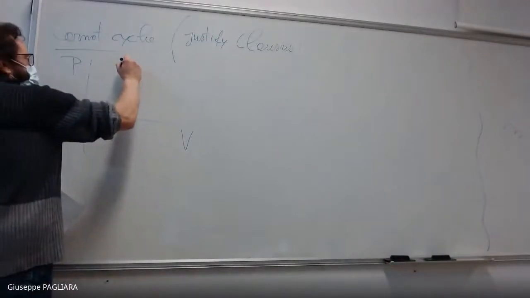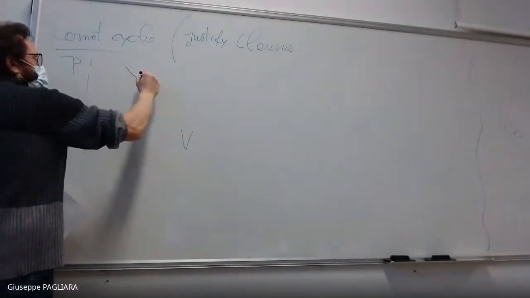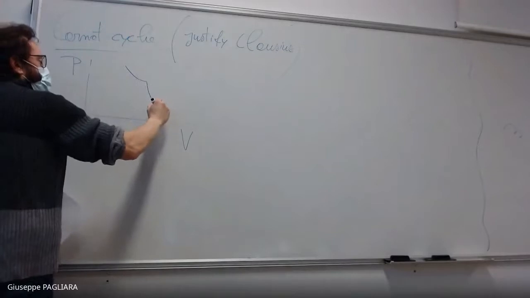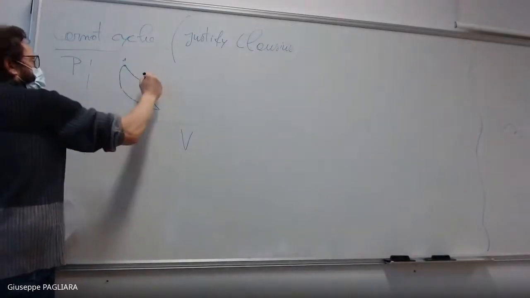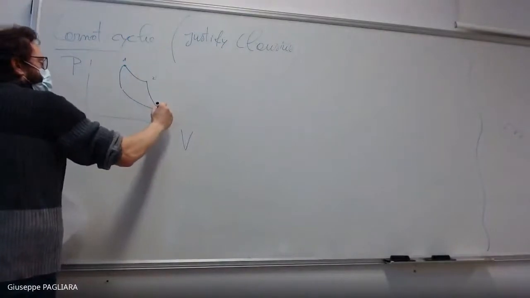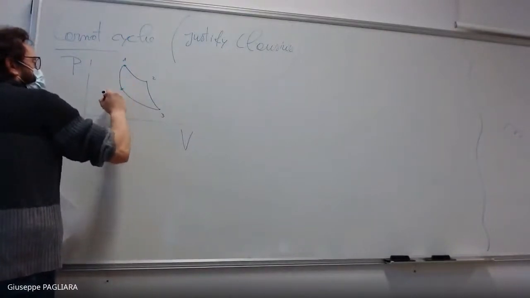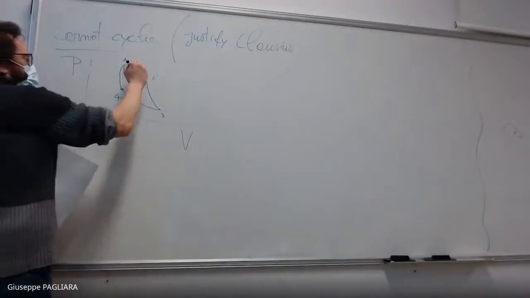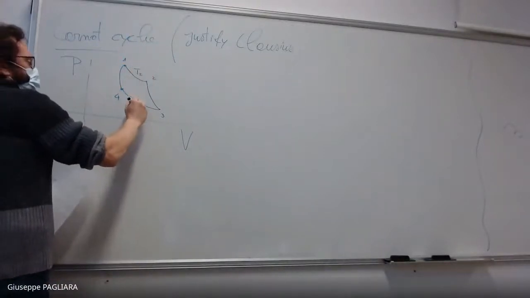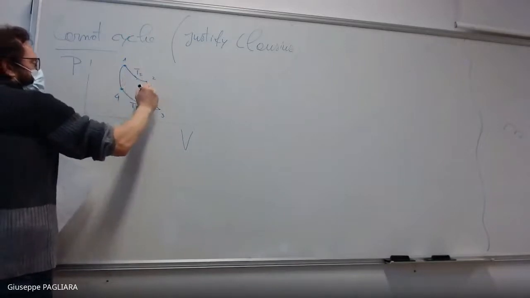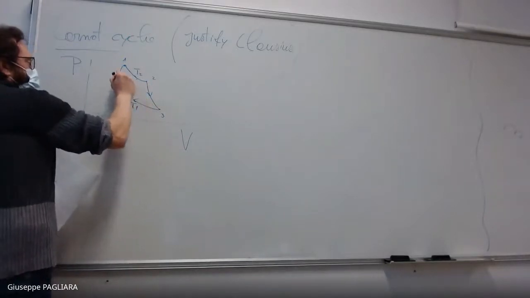So let me draw. This is 1, 2, 3, and 4. The first one is an isothermal with T2. This is T1. This is the way I do the cycle.